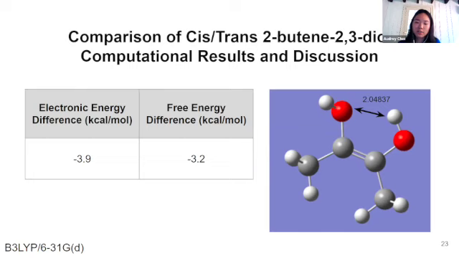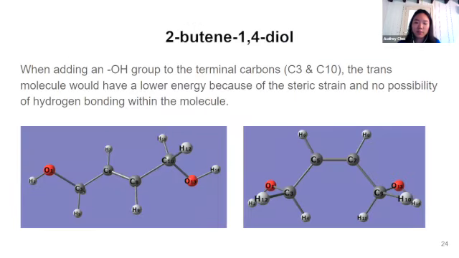And I also measured the distance between the oxygen and the hydrogen, which is within the distance that a hydrogen bond can occur. I wanted to make sure this was probably one of the bigger factors affecting this. And so I added 2 hydroxyl groups to the terminal carbons, where they would be farther apart and a less possibility of a hydrogen bond forming.